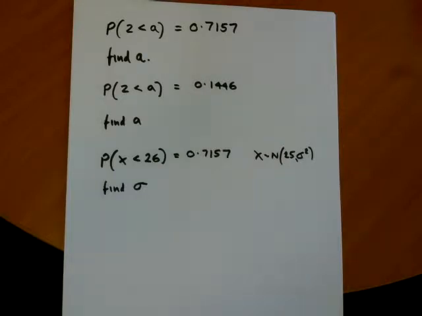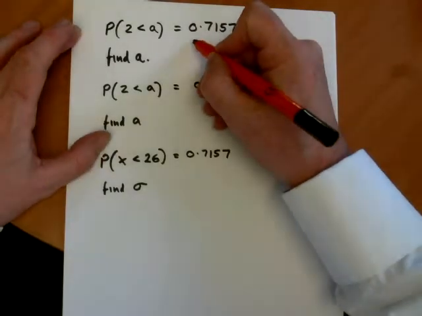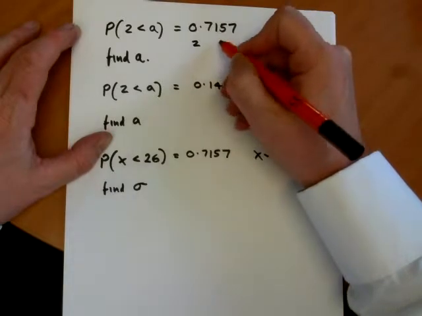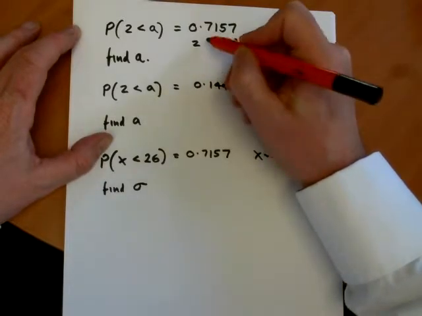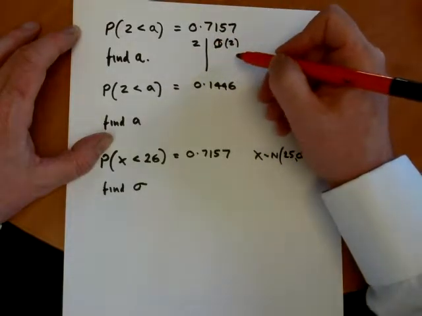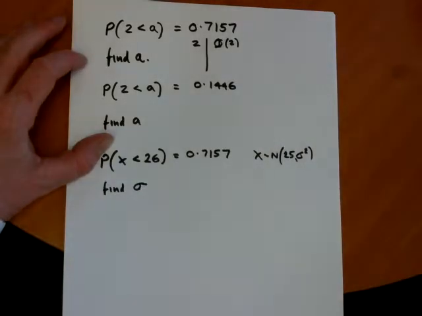We've been told the probability that z is less than a particular value is 0.7157. So what we need to do is go into our tables and look up the probability. The important thing here is we look up on the right hand side for the probability 0.7157.